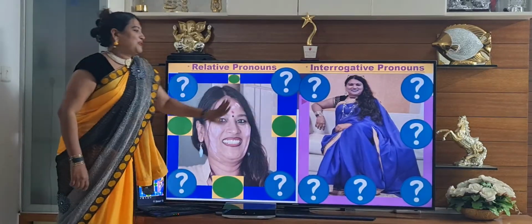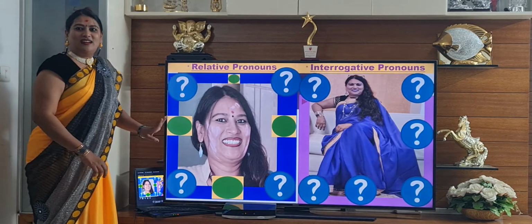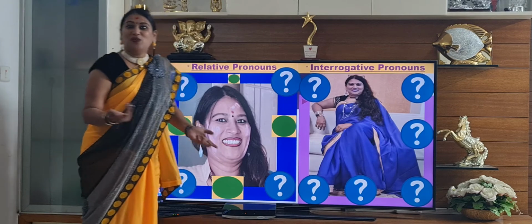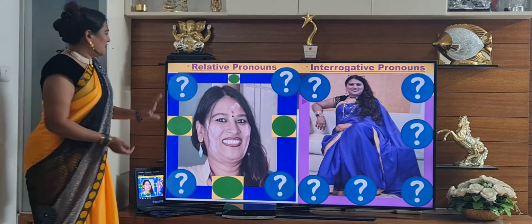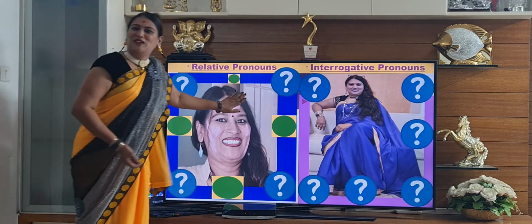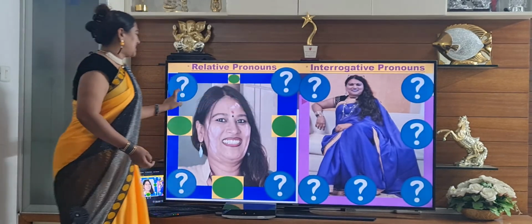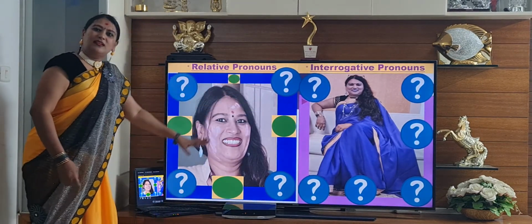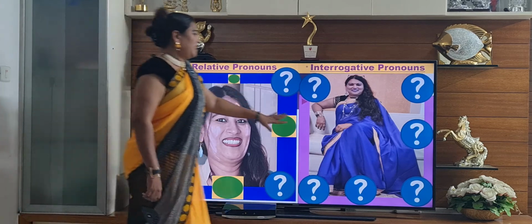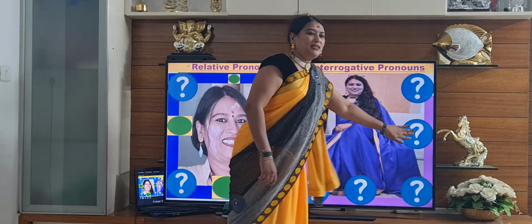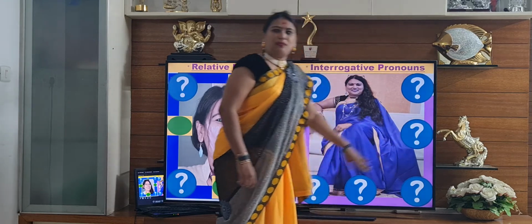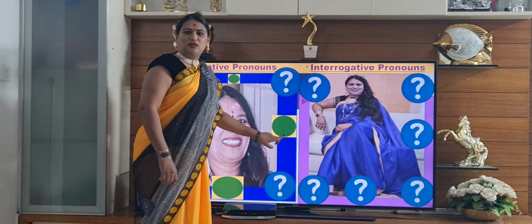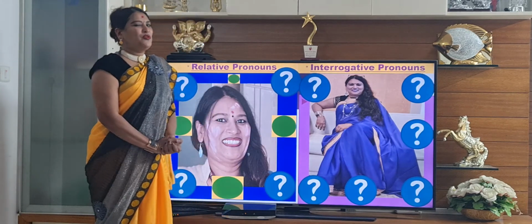Now this picture will not take you to a dilemma, saying, oh my God, what's this? Now you know. What do these question mark symbols here mean? They mean the WH words. Whereas this question mark means they end with a question mark. These end with a full stop. I hope by now you have understood, children.